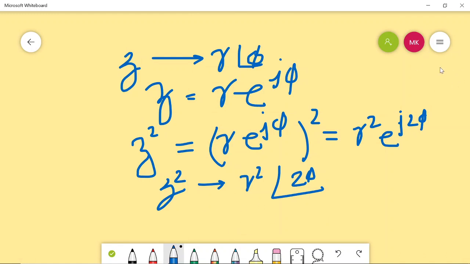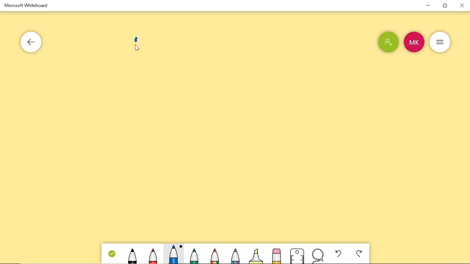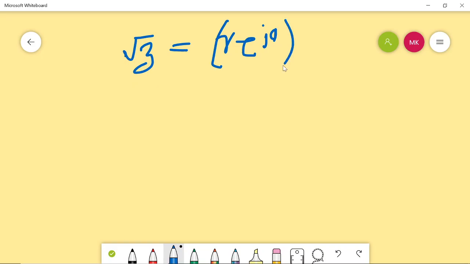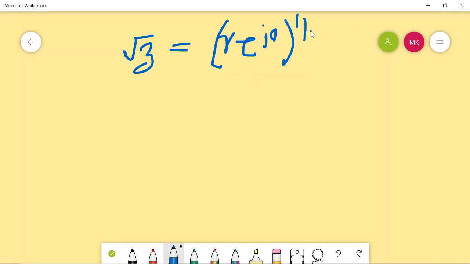Now if you have under root of z, it can be written as r e to the power j phi, to the power half, and then it will be under root r and e to the power j phi by 2.